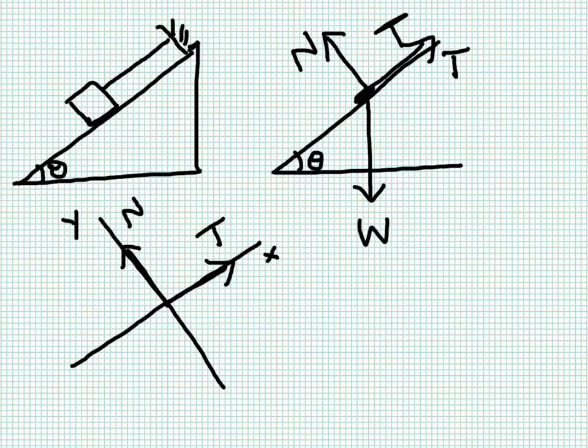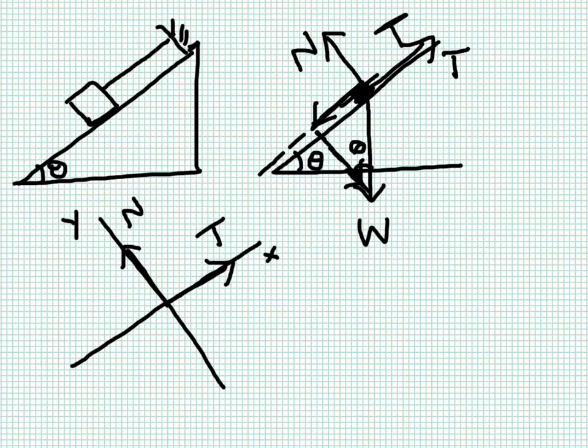So if I do that, this is the x-axis here, and I drop a perpendicular here. This is my x component, right? And this is my y component here, okay? And you can see in this right triangle, this angle is theta here, right?